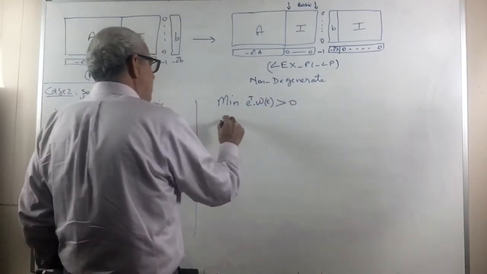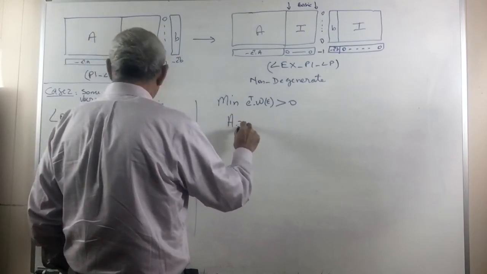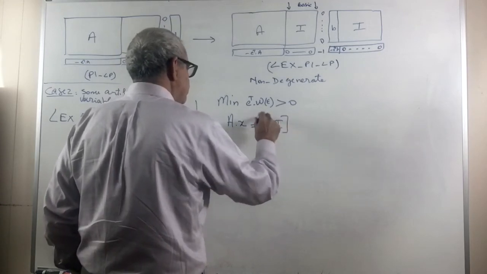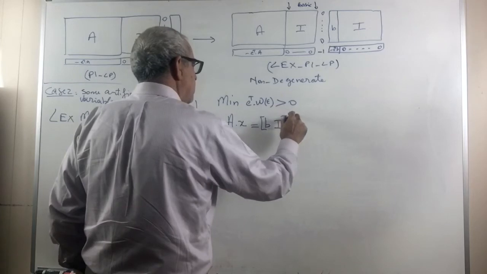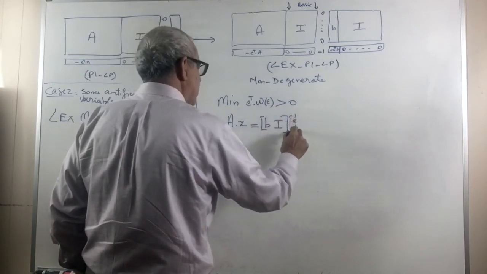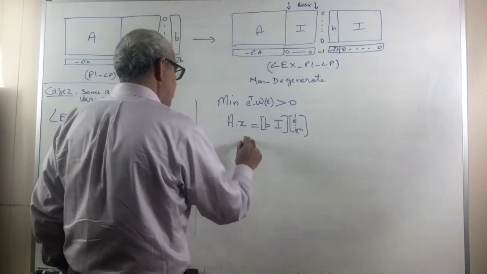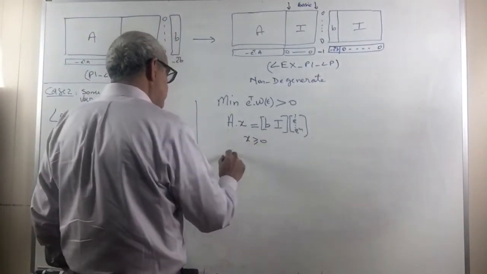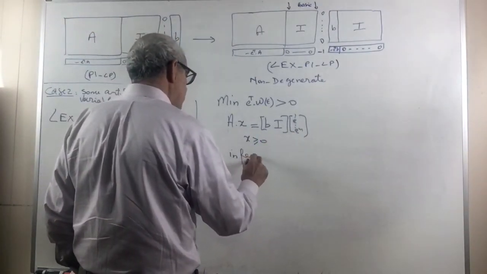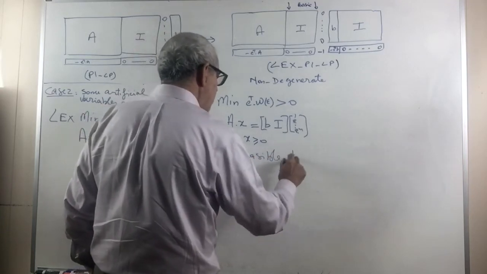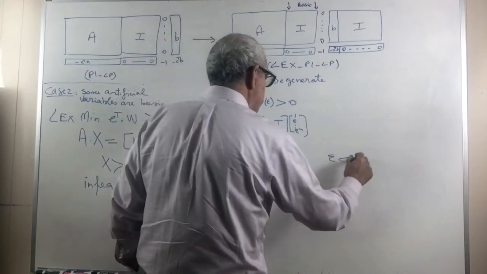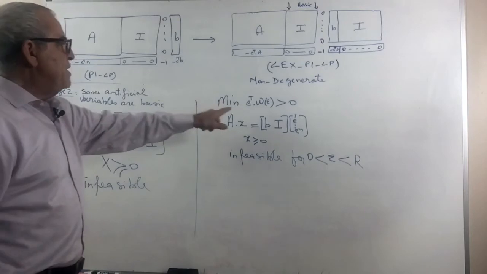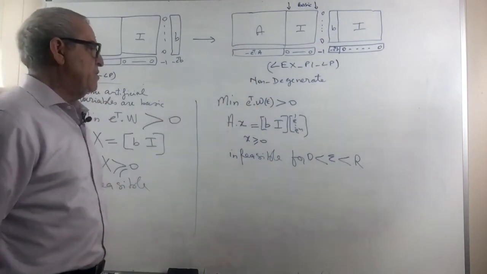Therefore, A dot X equal to B(i) times 1, epsilon, etc., epsilon to the power m, and X greater or equal to 0, this set of equations is infeasible for epsilon less than r and strictly bigger than 0, for the reason that this E transpose W is greater than 0.